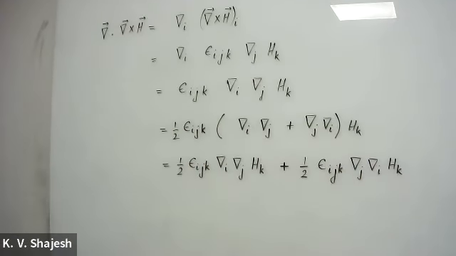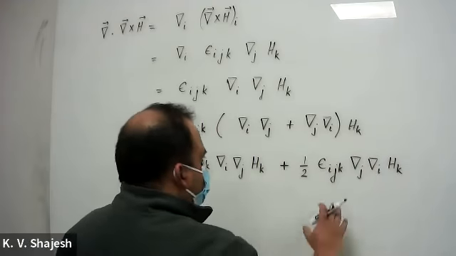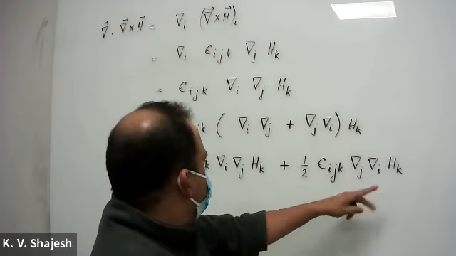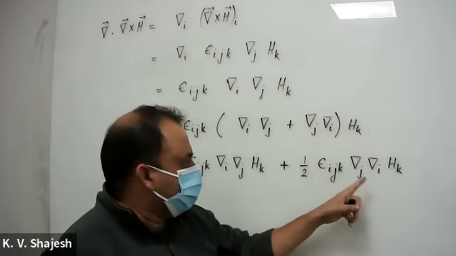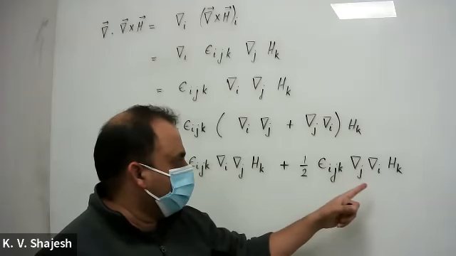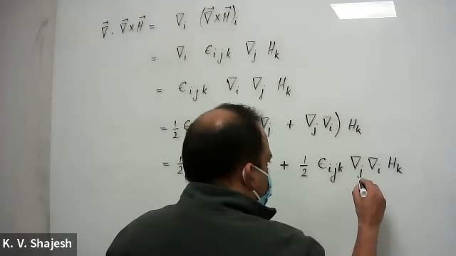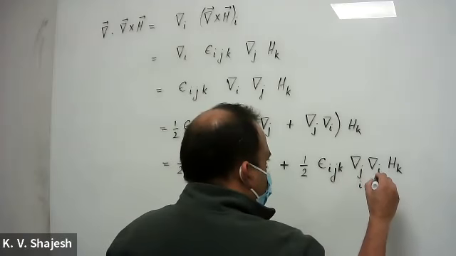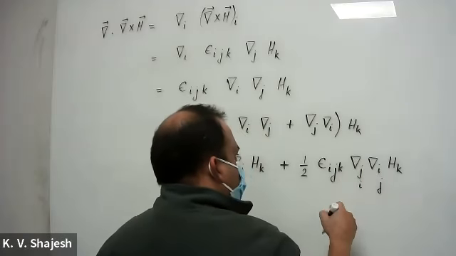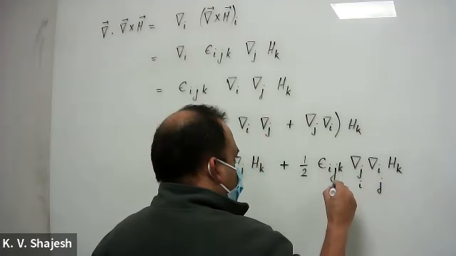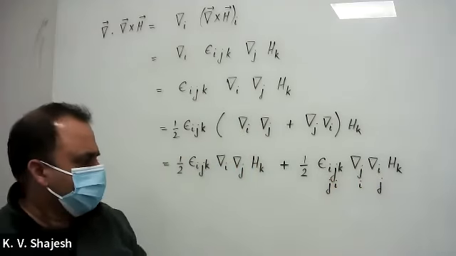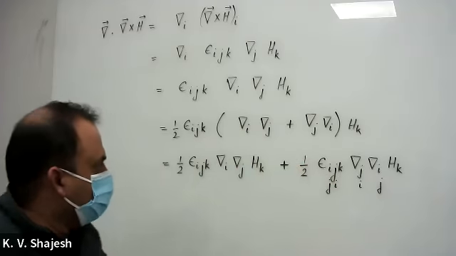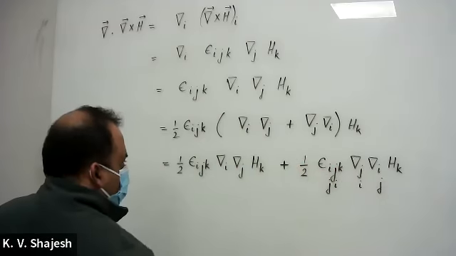We didn't do much. But now let's do the following. I can bring this back to this form by relabeling my j and i. This is a dummy index. So I'm going to call the j's i's and the i's j's. I'll do the same thing here, replacing j with i. Is that clear what I did? I swapped my indices. It should not matter because they're dummy.